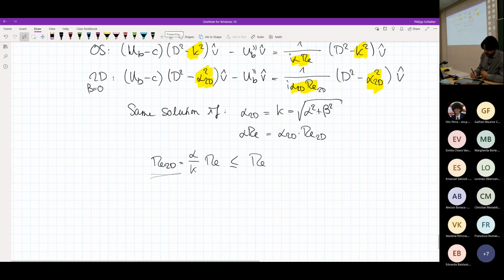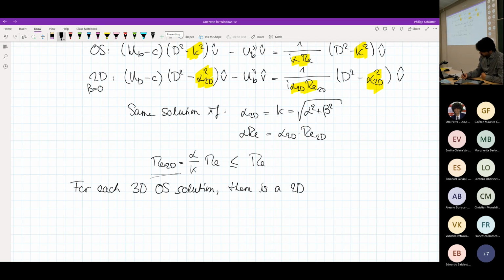So let me write that down. For each 3D Sommerfeld solution, there is a 2D solution at a lower Reynolds 2D, which is lower or equal than Reynolds.